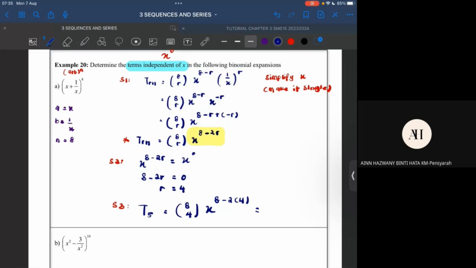Okay, so tekan calculator, kita akan dapat 70 X to the power of 0. So gamlah X to the power of 0, which is the question asked for term independent of X. So term independent of X is 70.